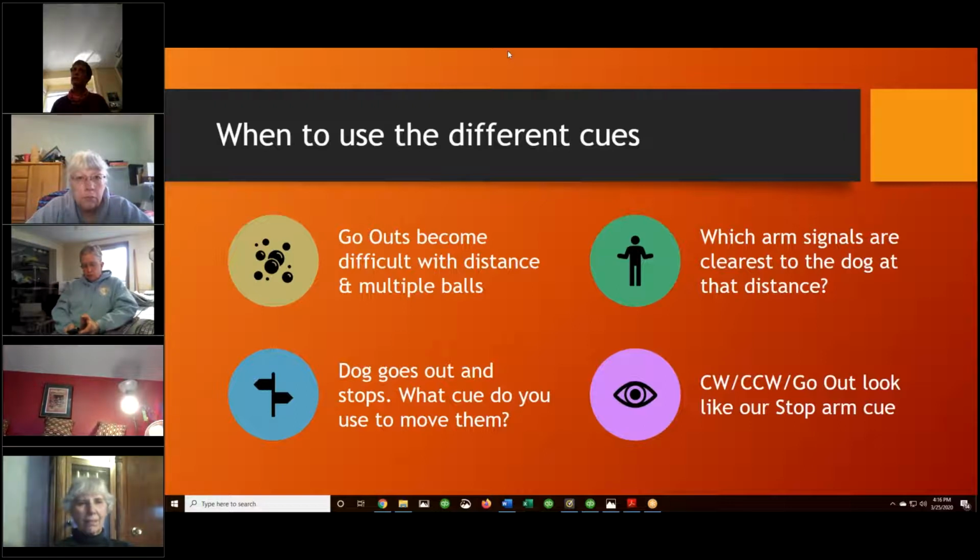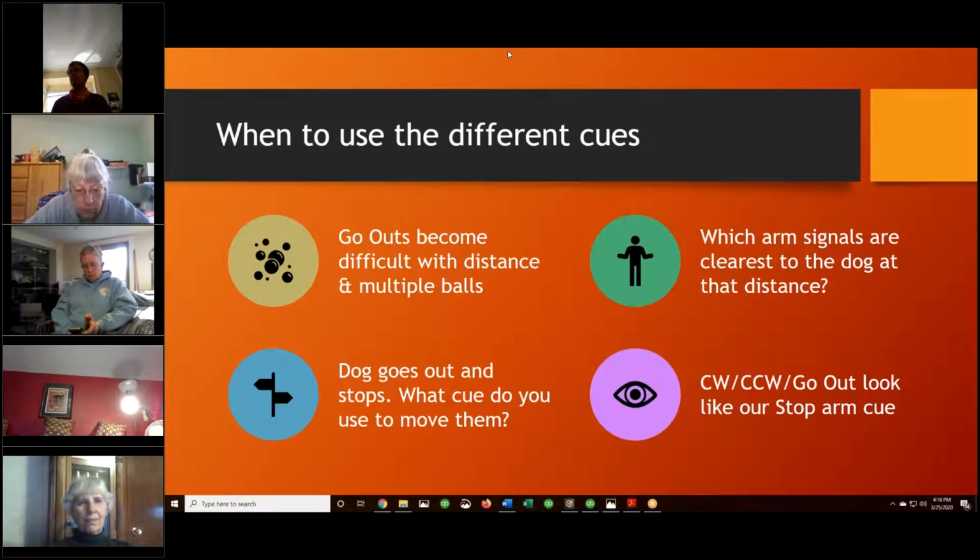So what cue do you use? Well, if my dog's out at a distance, I'm picking cues and making sure that I'm not doing something silly with my arms. At least I hope I am. And I'd ask you guys, what do you find?